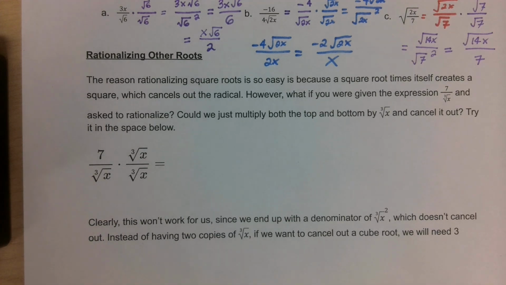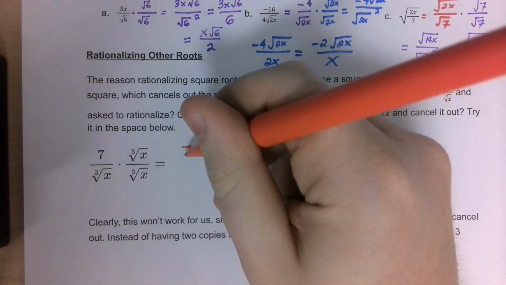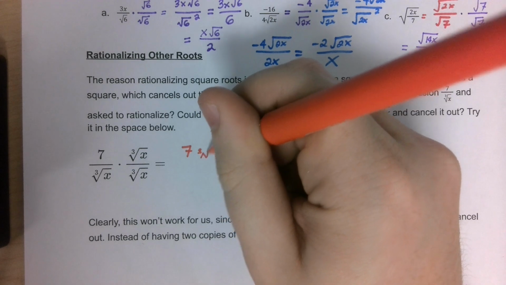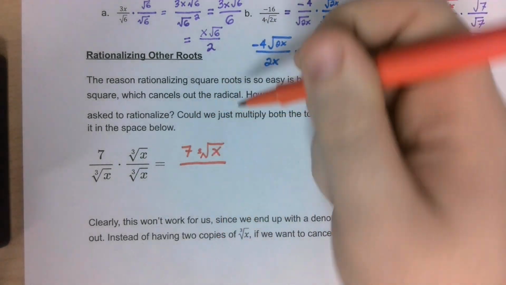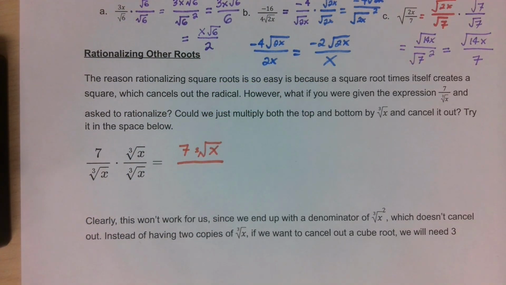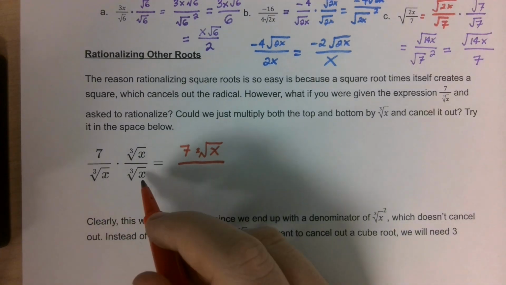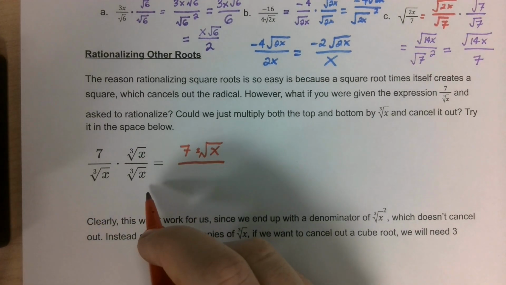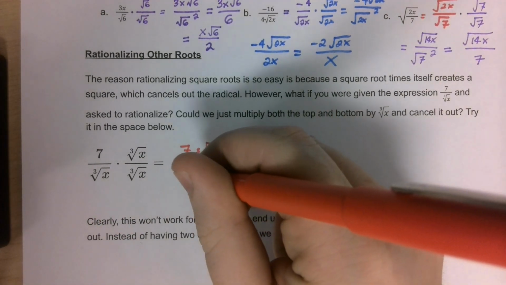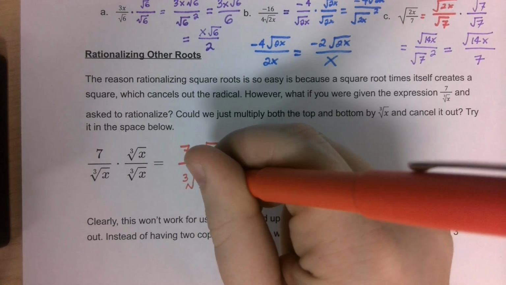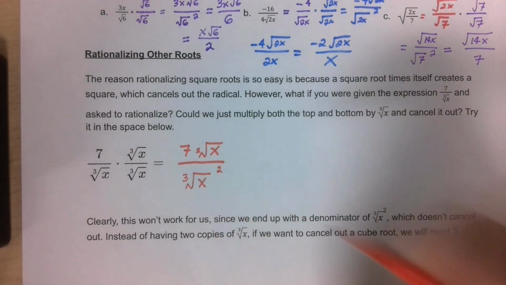Well, if we try this out, 7 times the cube root of x is just 7 cube root of x. But what's the cube root of x times the cube root of x? Well, since there's two copies of the cube root of x, we could write it as the cube root of x squared.